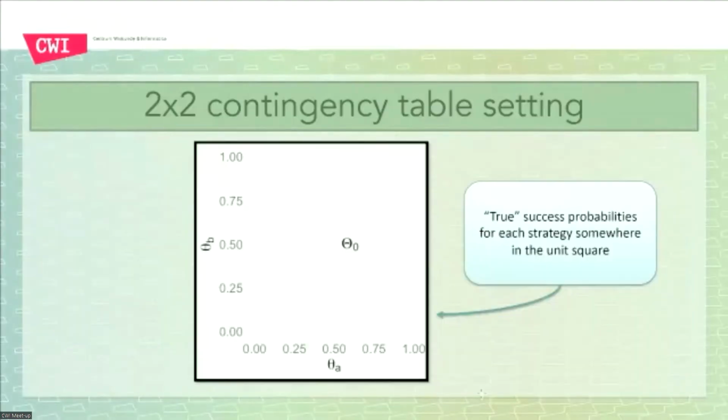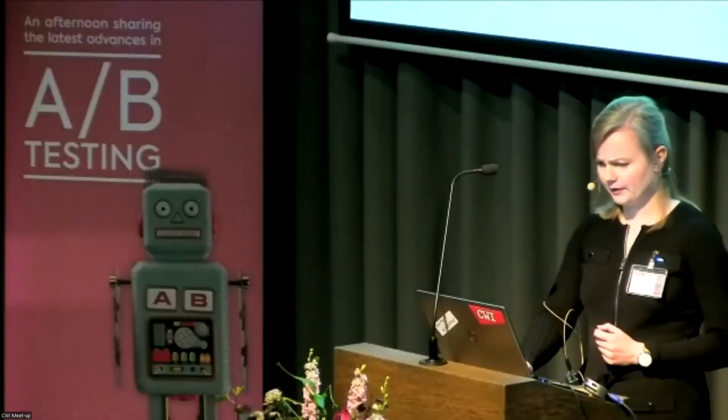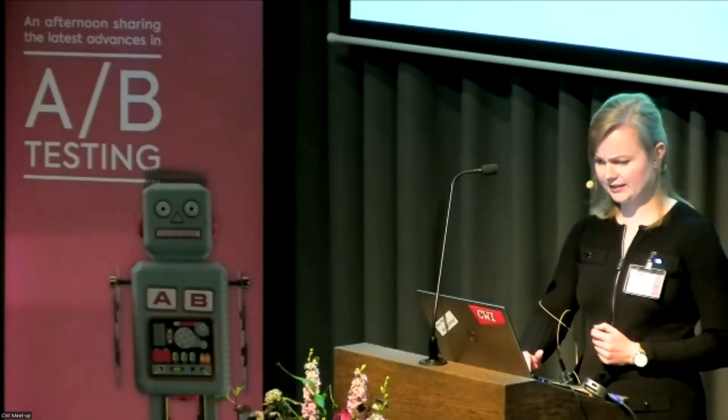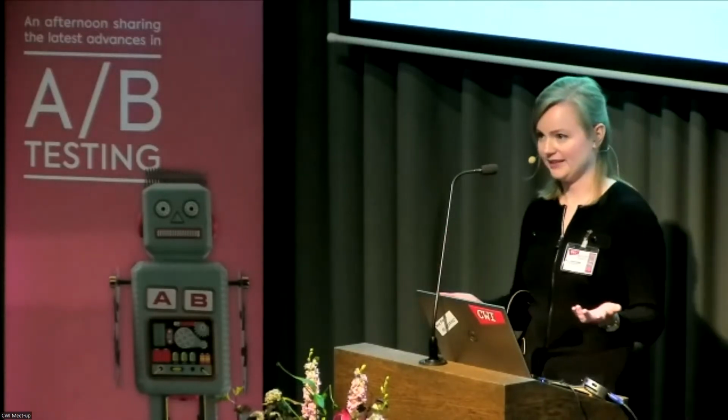So the following figure always helps me to think about this problem. And I will also let it come back a few times in the presentation. So somewhere in this unit square, the true success probabilities for both groups lie. On the x-axis, we have all possible success probabilities for the control group. And on the y-axis, we have all possible probabilities for the intervention group, or for the new strategy. So what we're first going to do is testing if the success probabilities differ.